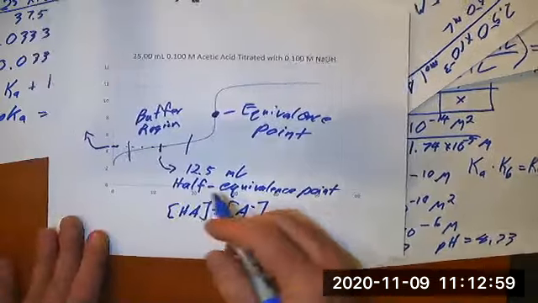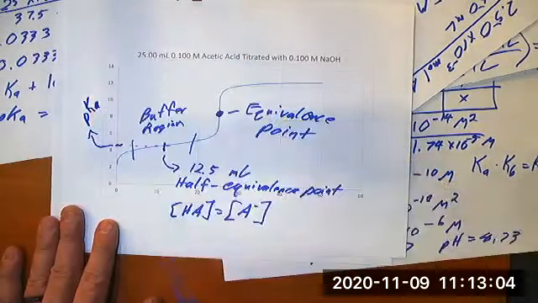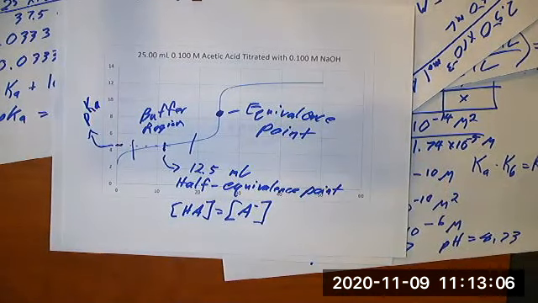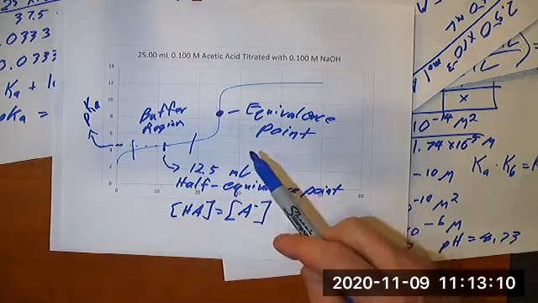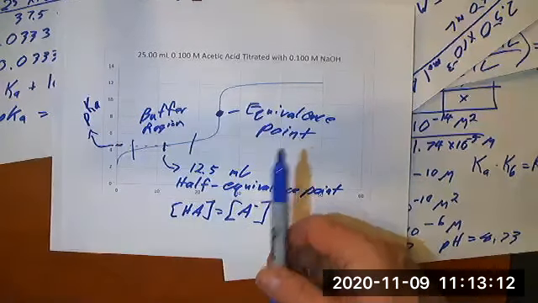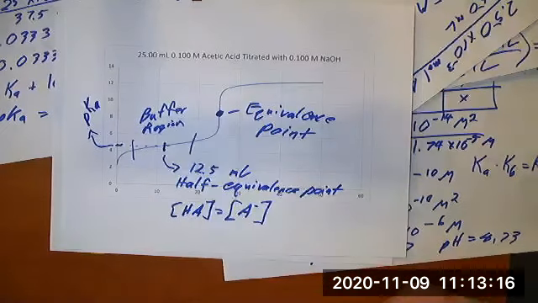Due to the Henderson-Hasselbalch equation, that pH is the pKa. So this titration curve approach is a very, very precise way to determine an equilibrium constant for a weak acid.